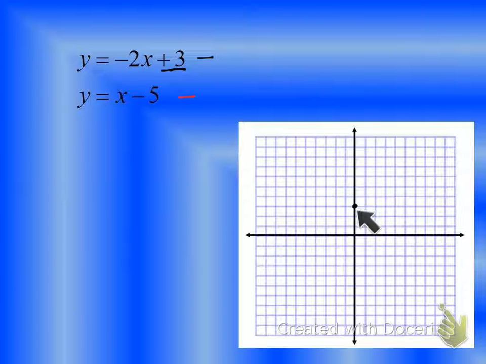Okay, if you can see it, it's right there. Negative 2 is called my slope. Put it over 1, since it's a whole number. And that means we move how? Up to the left one.